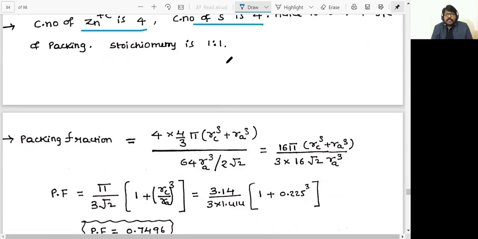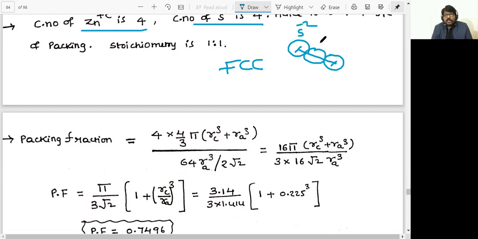If you can recollect, this is FCC unit cell with respect to sulfide ion, right? For example, if you take face diagonal, and in case of FCC unit cell, the particle present at face center is in contact with the particle present at the corner. And already we studied the internal structure of FCC. The particle which is present at the face center will be definitely in contact with a corner particle.